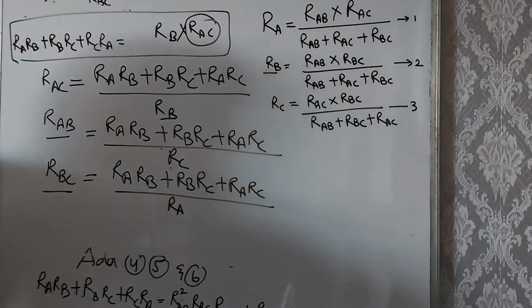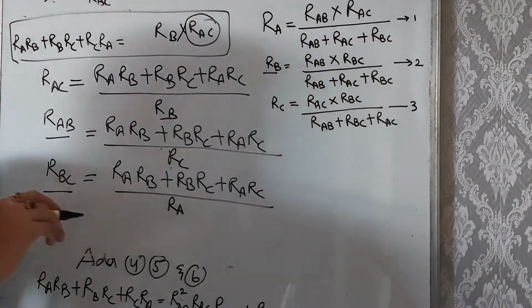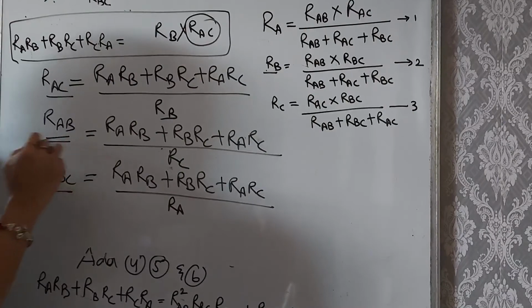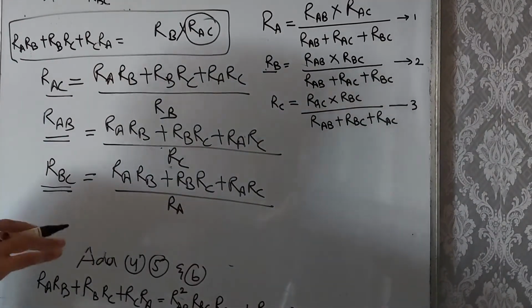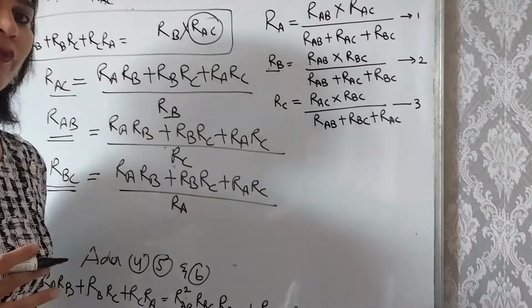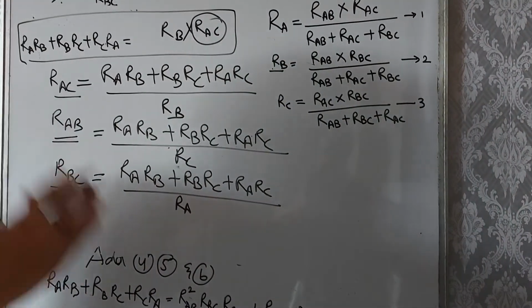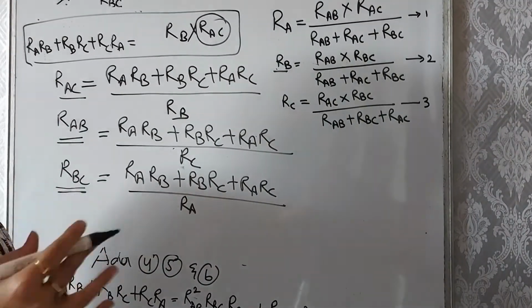So in this way we find the three values RAC, RAB and RBC. This is how we find the value of star to delta resistances.